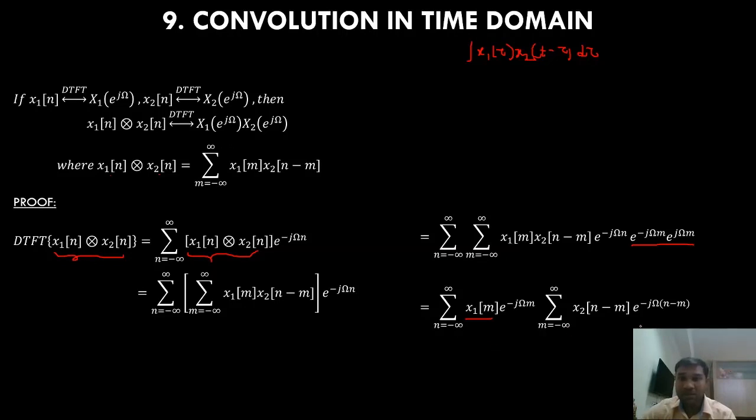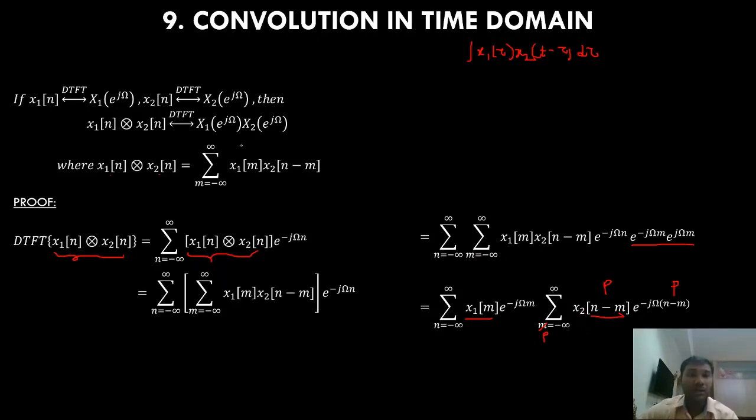The second summation is nothing but X2 of e power j omega. Just substitute n minus m is equal to p. Now the m variable can be changed to p. So summation p is equal to minus infinity to plus infinity, x2 of p e power minus j omega p, which is nothing but the discrete time Fourier transform of x2 of p.